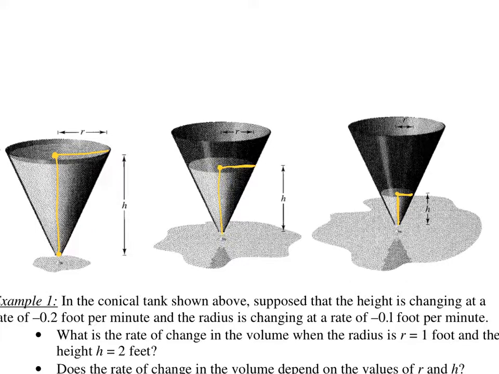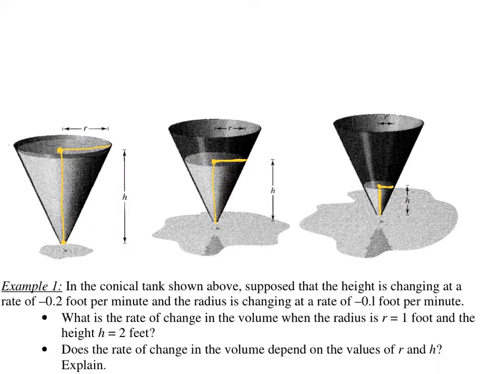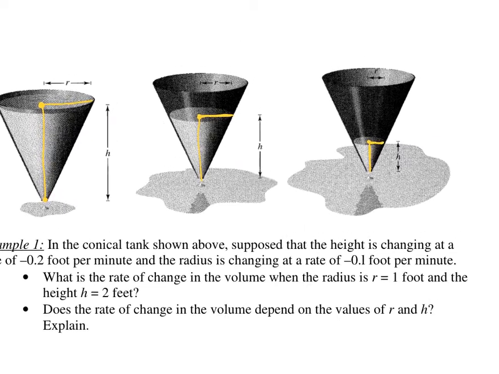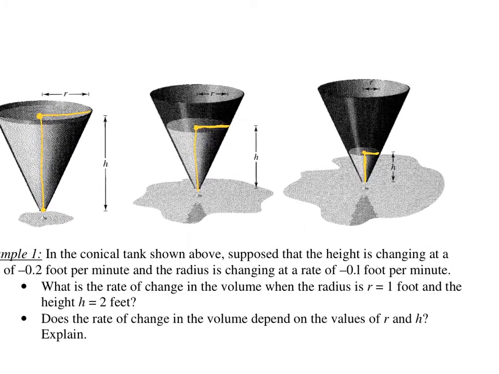Okay? Now, I actually want to answer this second question down here first. Does the rate of change in volume depend on the values of r and h? Doesn't the rate of change in volume affect R and H?